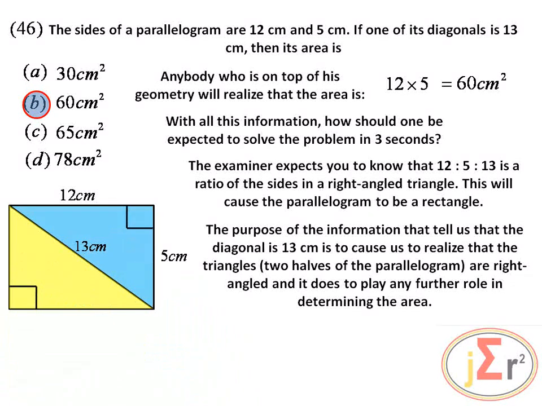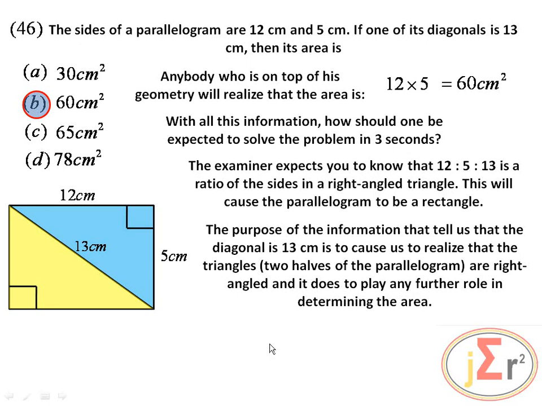So there we have the two halves, of course, separated by the diagonal. The diagonal is 13 centimeters, and we have 12 centimeters and 5 centimeters. And we are saying that the angle here is a right angle, and also the other one right there is a right angle. Therefore, we will have two right angled triangles.